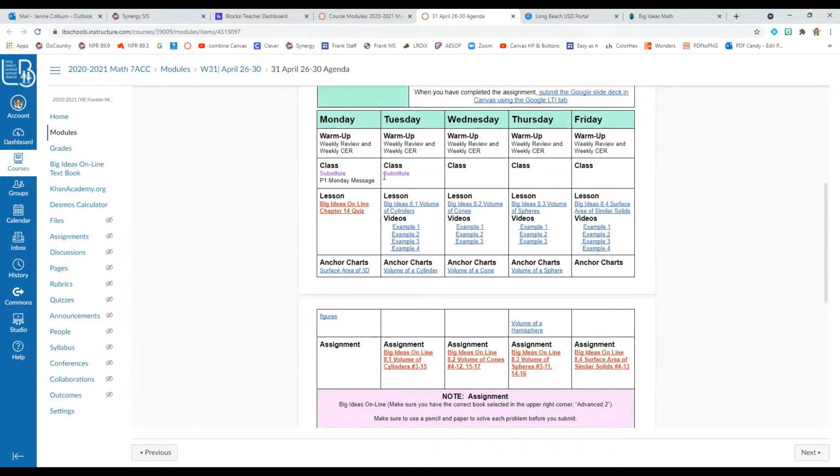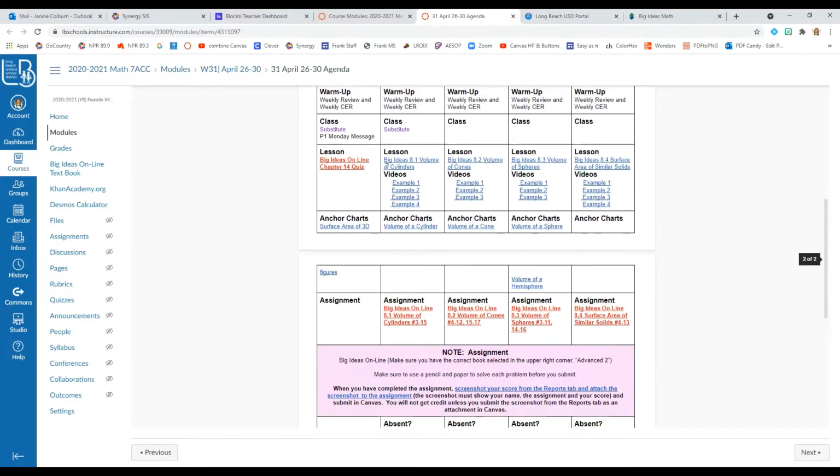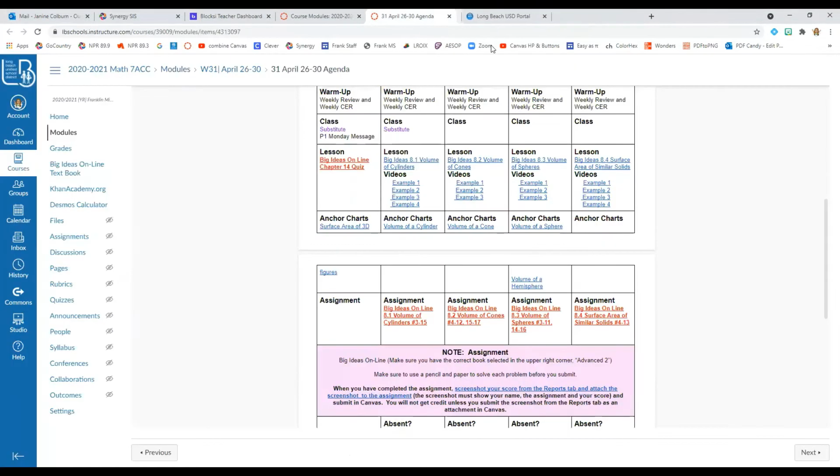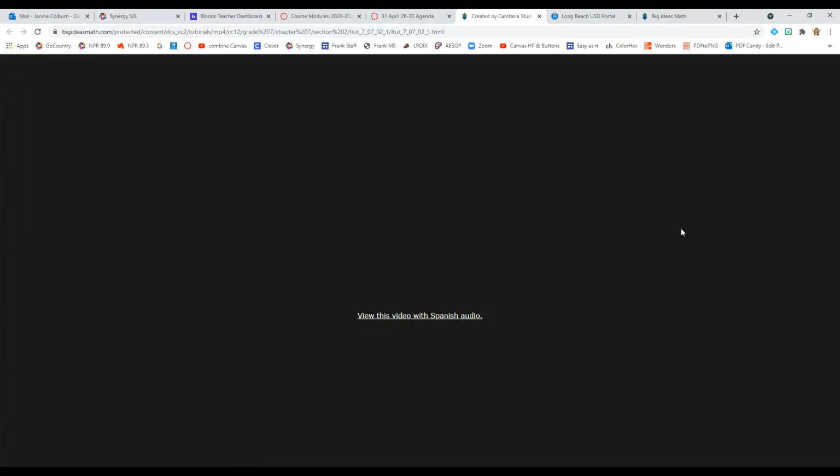Today is Tuesday. You do have a substitute. We will be working on 8.1, volume of cylinders. The book pages are right here, linked to the agenda. The video examples are here, linked to the agenda as well.